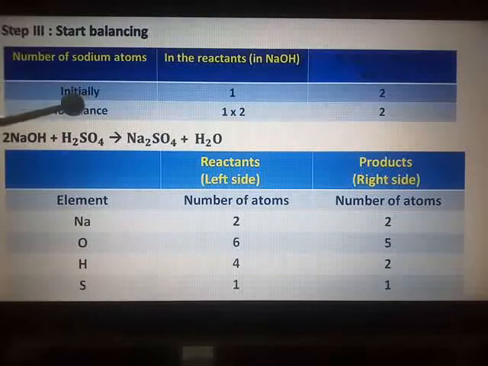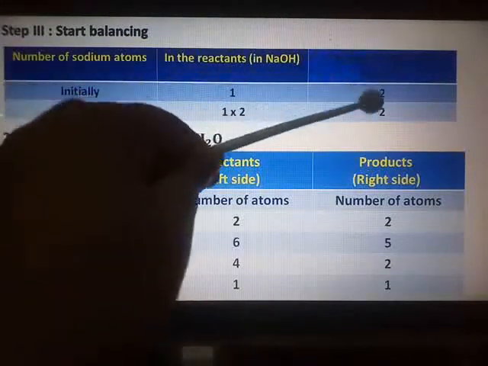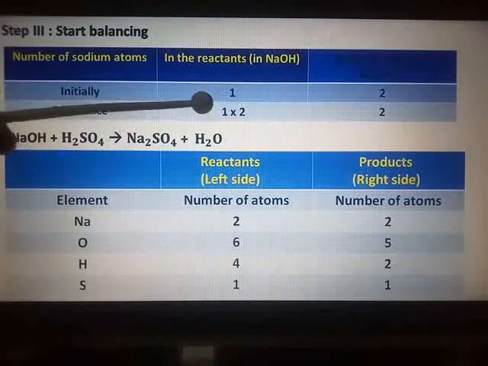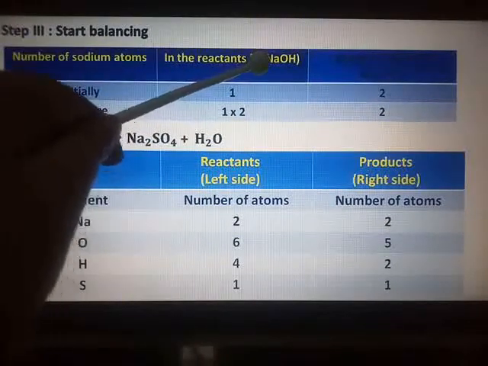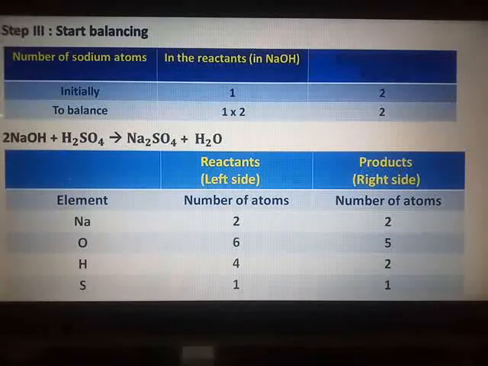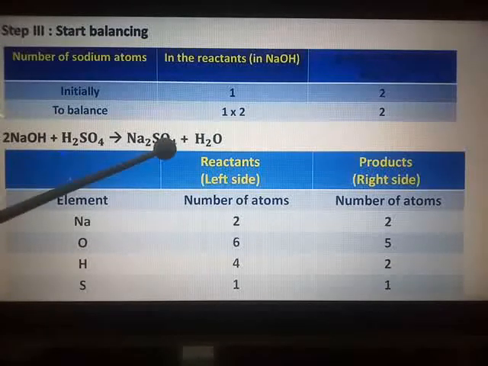To balance, you have to convert this 1 into 2, so 1 multiplied by 2. Now, since NaOH is multiplied by 2, in your chemical equation you put a 2 before NaOH. So now your equation becomes 2NaOH plus H2SO4 gives Na2SO4 plus H2O.